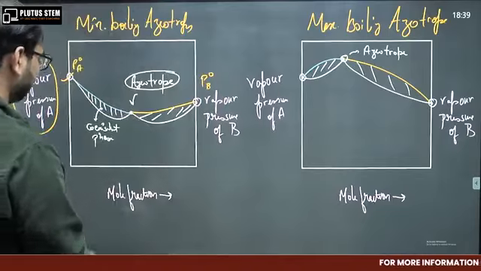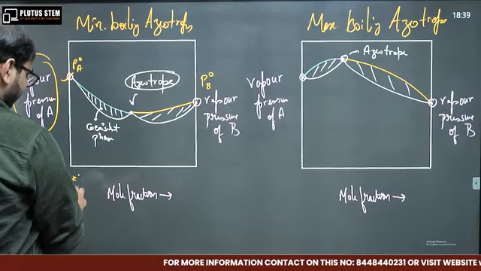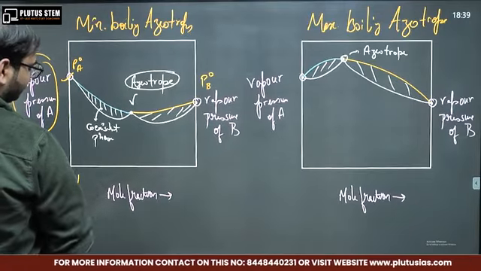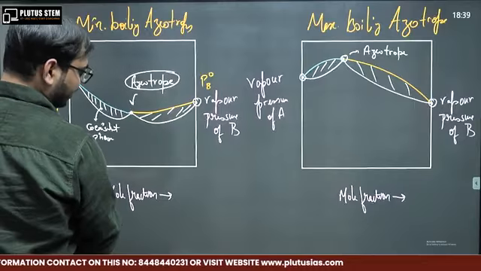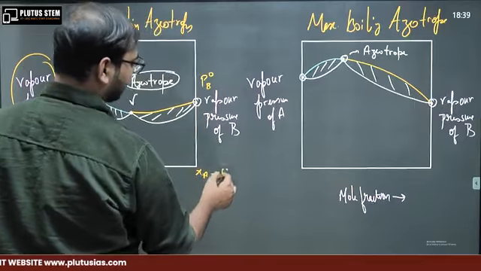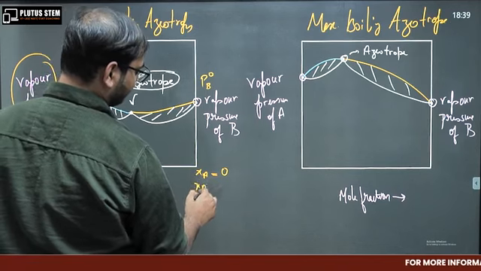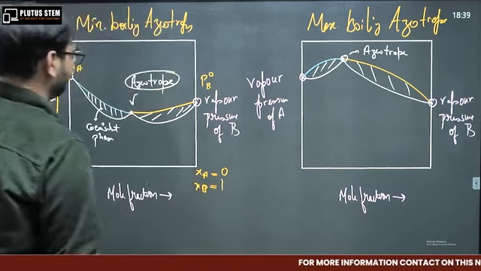In this direction you have the maximum mole fraction of A only, while XB is 0. When you start moving from this point to the right-hand side, the mole fraction of A starts to decrease and reaches 0, while the mole fraction of B reaches its maximum value.